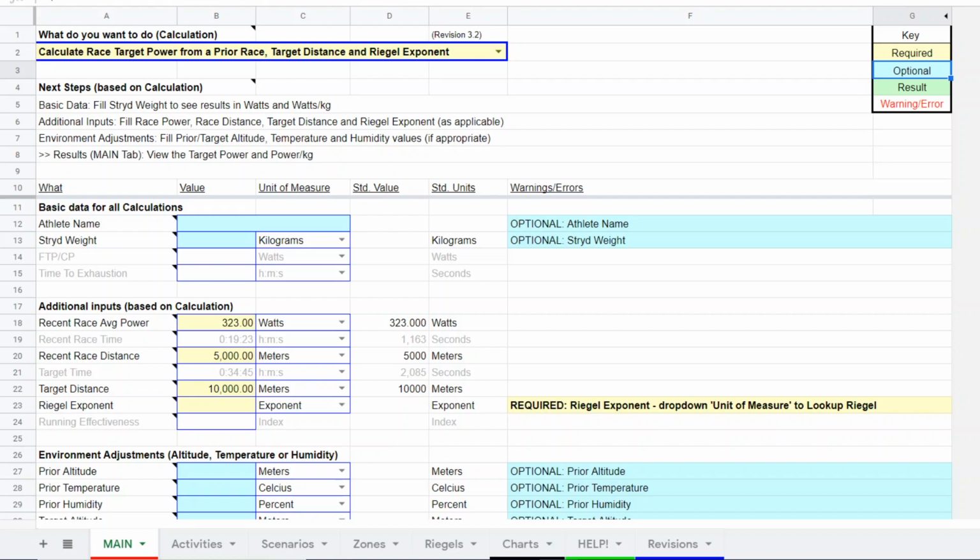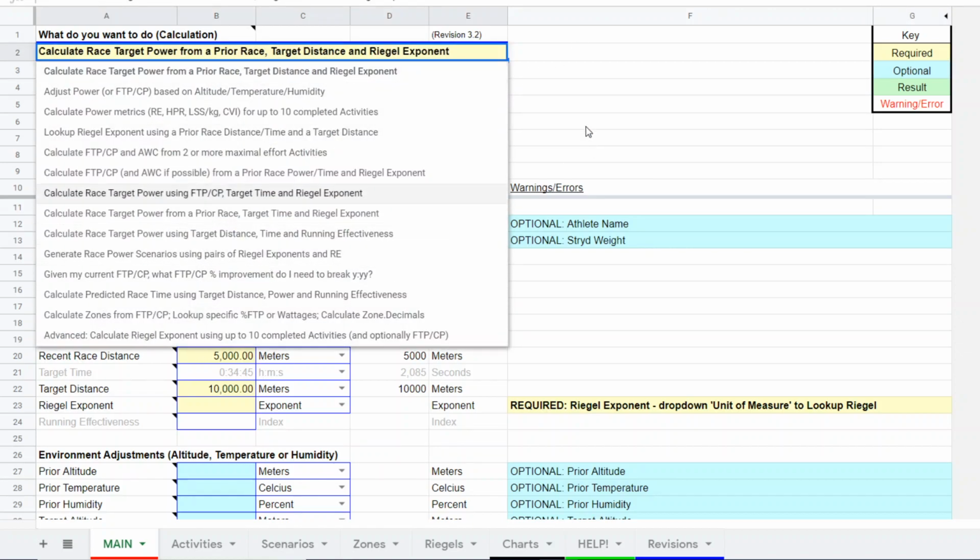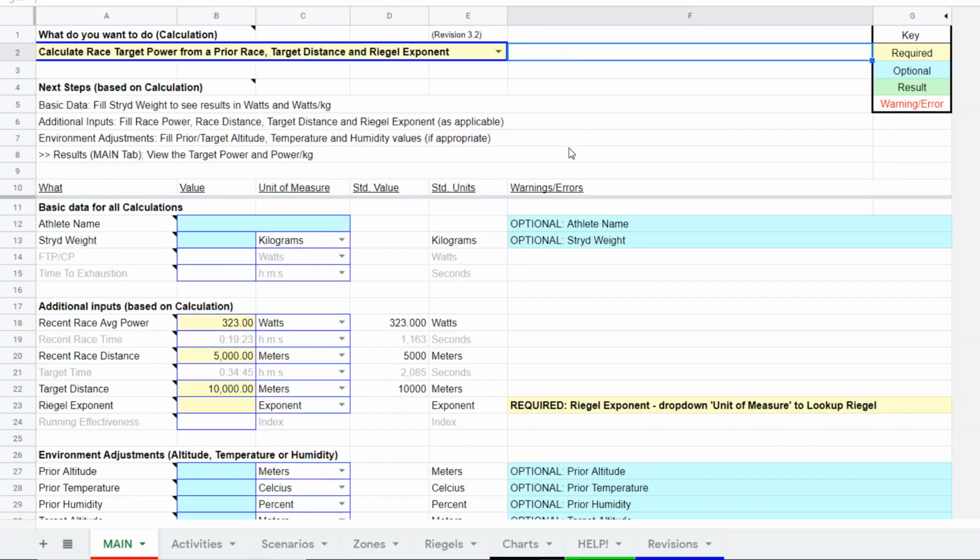There's a few ways of doing that. With the SuperPower Calculator, we have a lot of different functions here, and there are more elaborate ways that I use, such as using the person's prior race power and their weight and their estimated running effectiveness and their Riegel exponent to come out with a race power estimate and also an estimated race time.